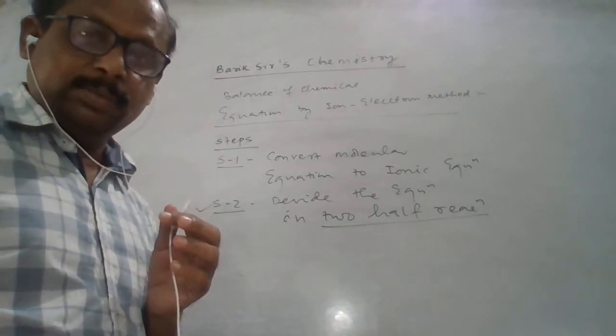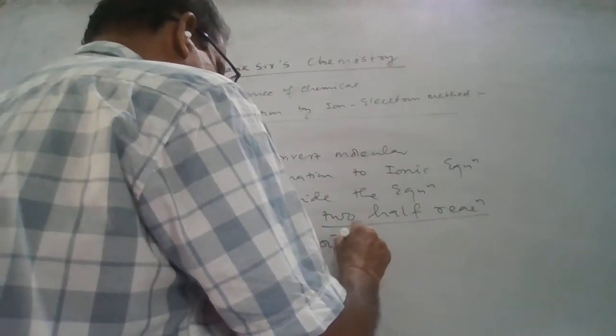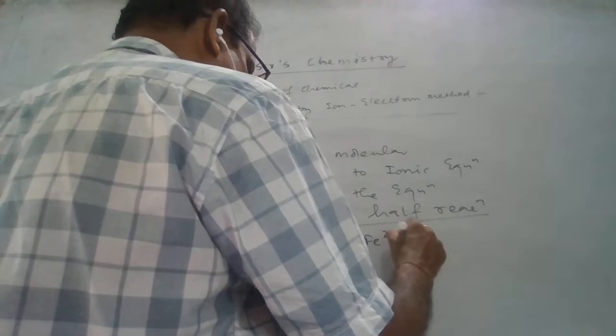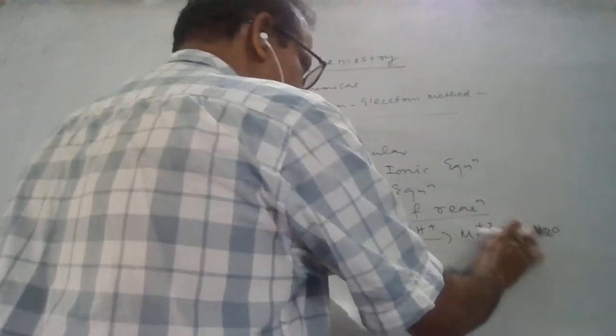For the ionic equation, this is the first step. We have to divide the equation. Let us take the example: MnO4 minus and Fe2 plus, in presence of H plus, is converted to Mn2 plus, plus 4H2O, plus Fe3 plus.